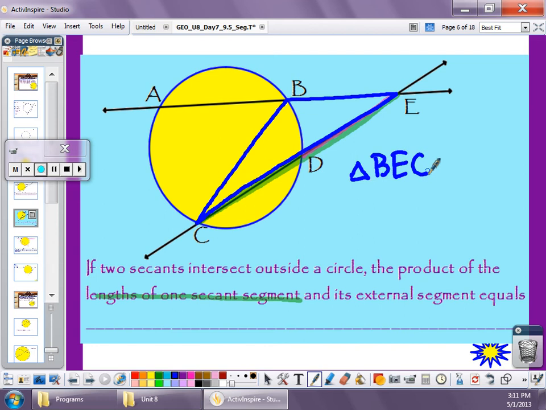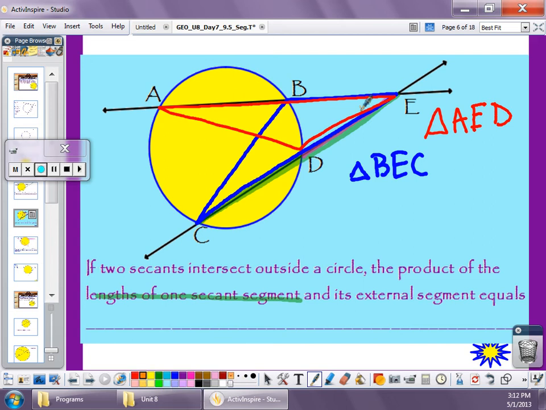Then I'm going to create another triangle that is here. Okay. So then I have another triangle AED.